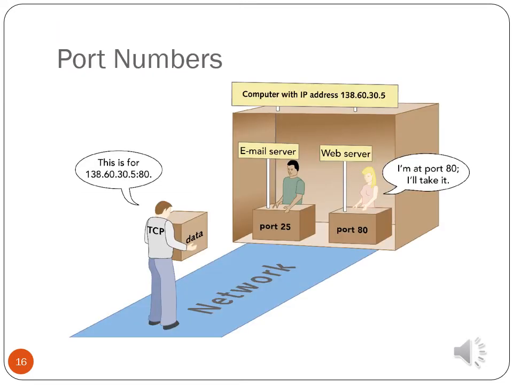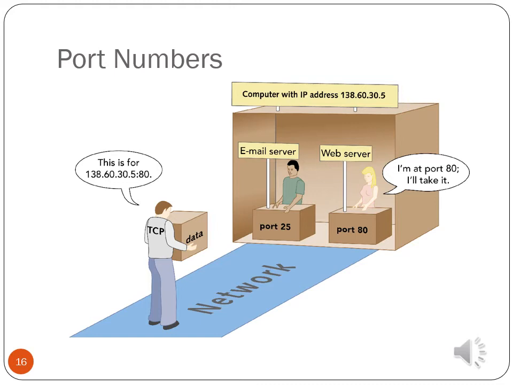The final part of addressing is port numbers. Basically the port numbers are added to the IP address by the sending computer, and the port number directs the data packet to specific software on the receiving computer. In this little example here, we see the network. There's a guy walking on the network with TCP on the back of his shirt.